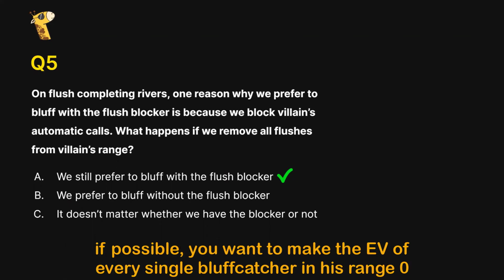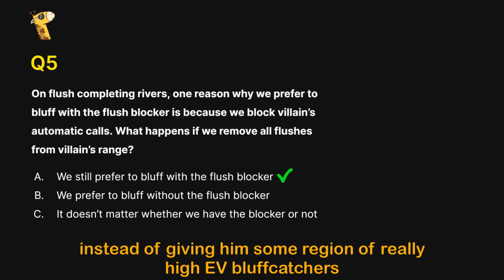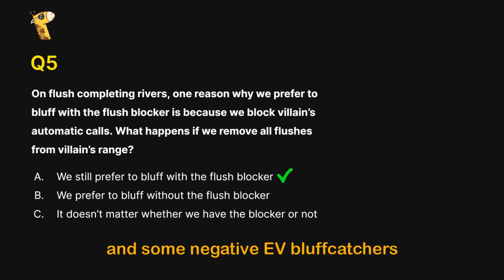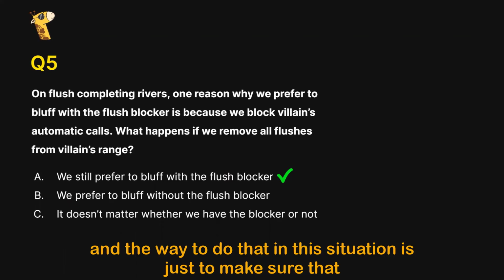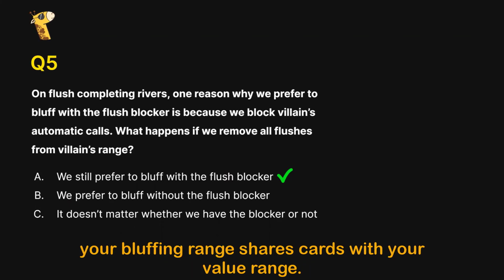If possible, you want to make the EV of every single bluff catcher in his range 0, instead of giving him some region of really high EV bluff catchers and some negative EV bluff catchers, because then he could just exploit you by only calling with the plus EV ones. And the way to do that in this situation is just to make sure that your bluffing range shares cards with your value range.